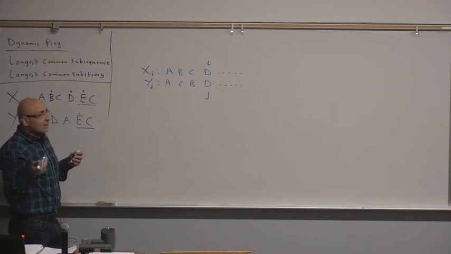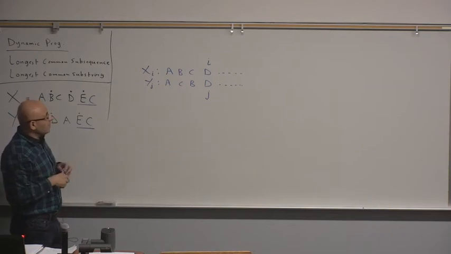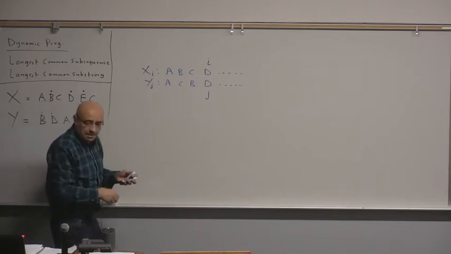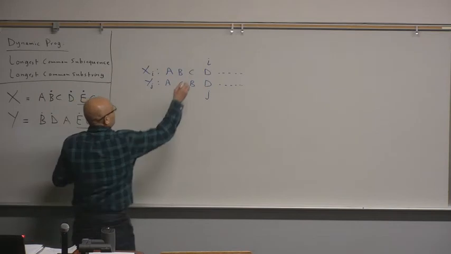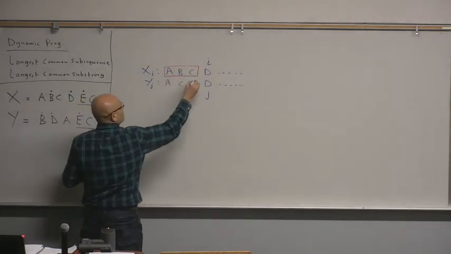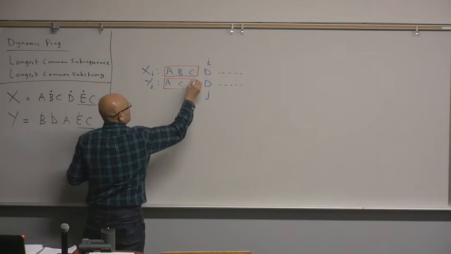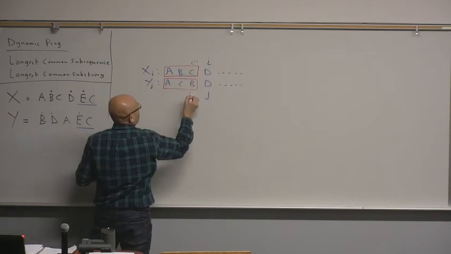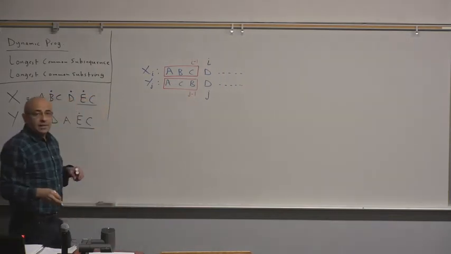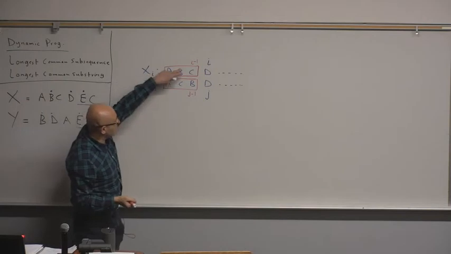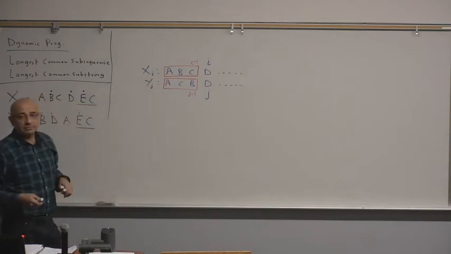Now the way you think of this in dynamic programming is to assume that you have found the solutions to the subproblems. So the subproblem here is, for example, this. You assume that you know the longest common subsequence between I minus 1 and J minus 1. Dynamic programming wise, you will assume that I know the solution to this and the solution to this.